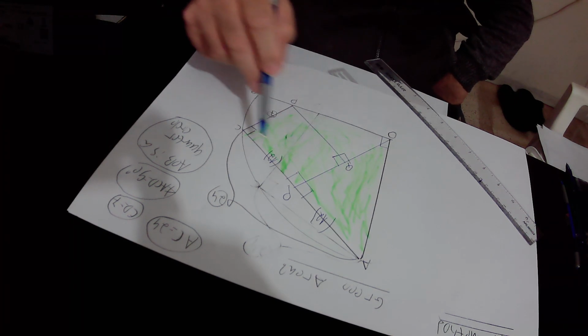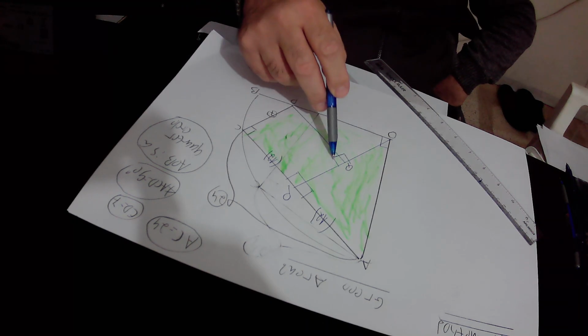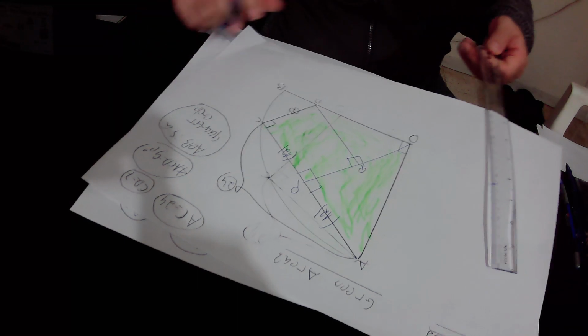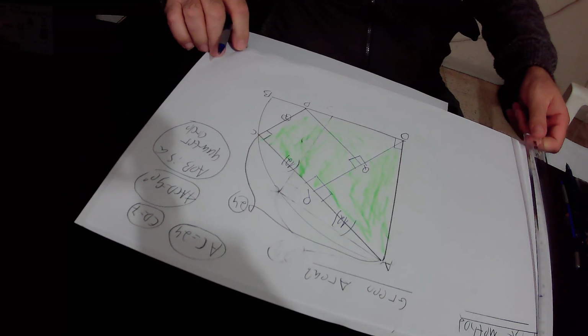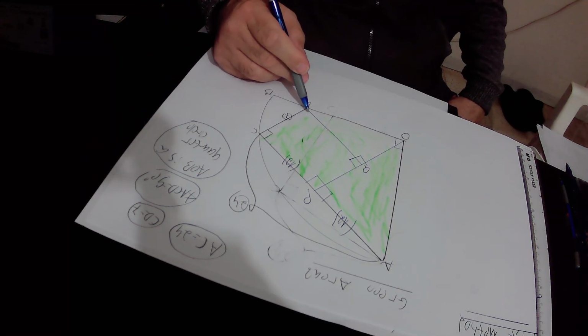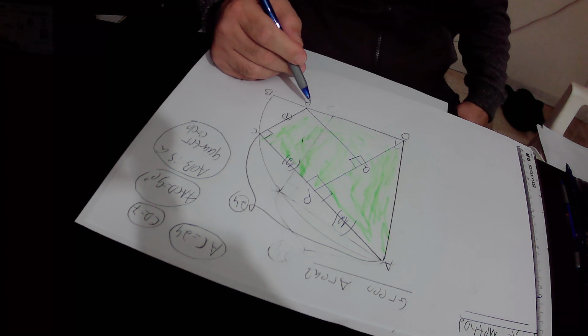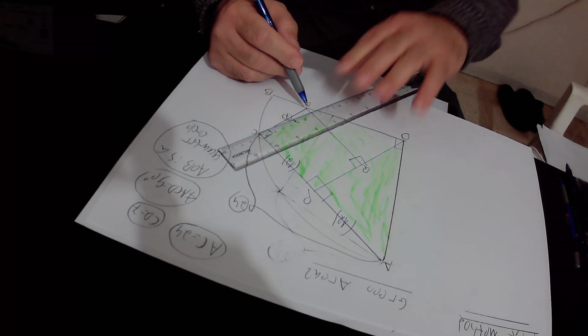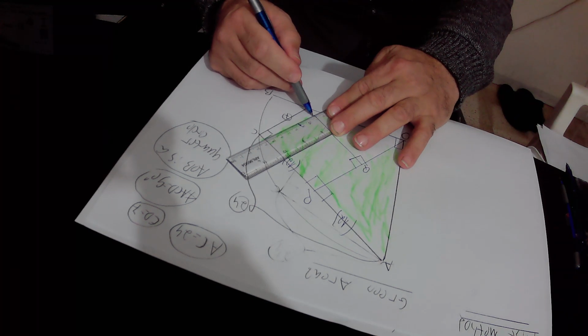Inside quadrilateral PCDQ, we have 1, 2, 3 right angles. The sum of 3 right angles is 90 times 3, which is 270 degrees, plus the size of this fourth angle. In total, the sum of those 4 angles must be equal to 360 degrees according to the rule that the sum of the angles in every quadrilateral is equal to 360 degrees. Therefore, the missing angle here must be equal to 90 degrees.